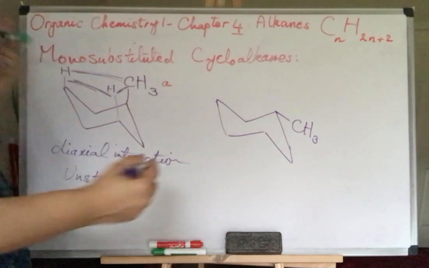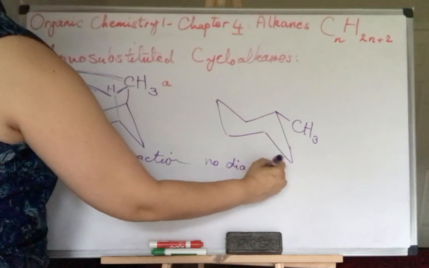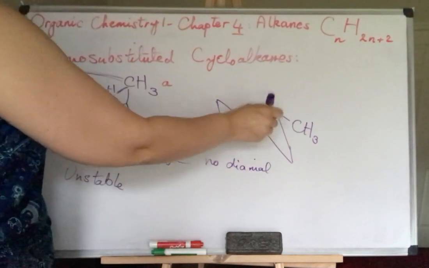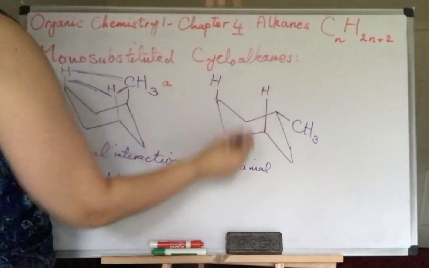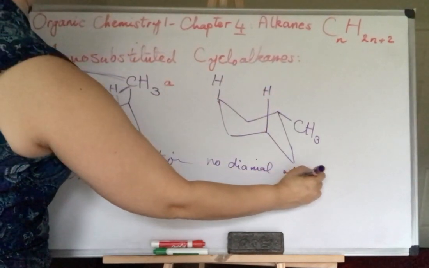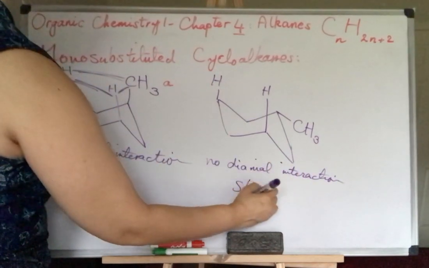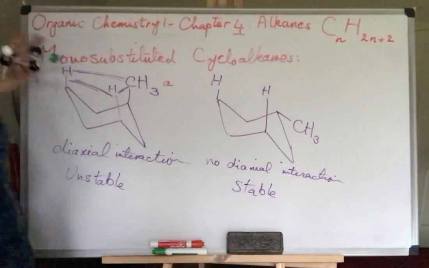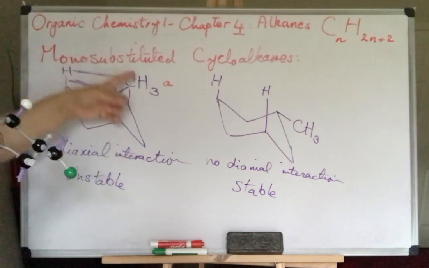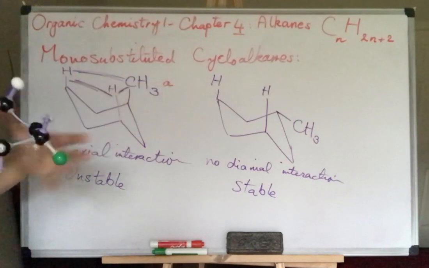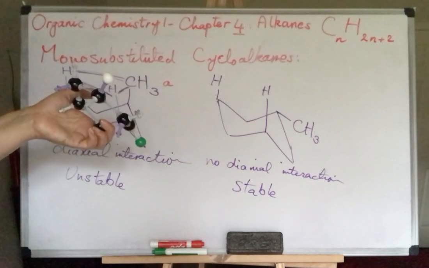Of course, no diaxial interaction, because the other axial positions are still here. No diaxial interaction makes it stable. So for the stability of monosubstituted, when you only have one substituent, you need to look at the interactions.